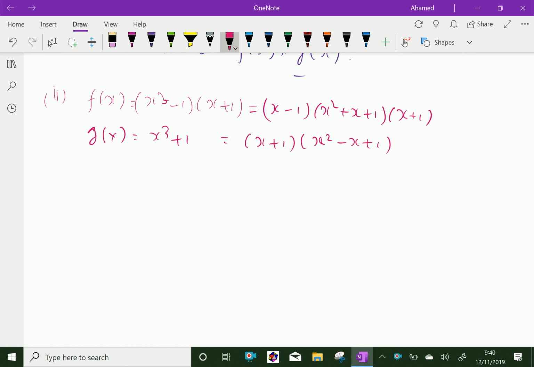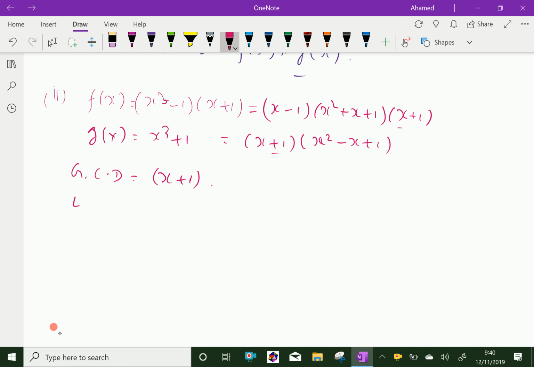Now we have f of x with its factors and g of x also has different factors. First we'll find GCD. Here the common factor is x plus 1, no other common factor. So GCD of f of x and g of x is x plus 1.